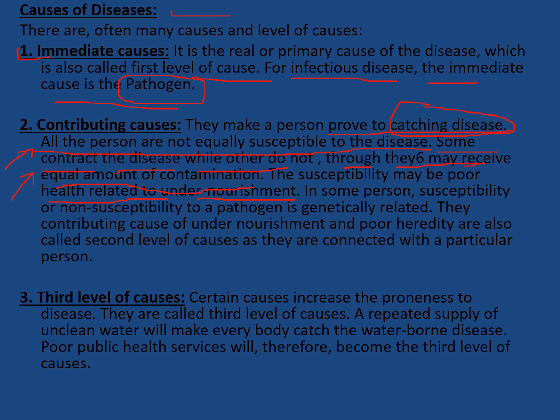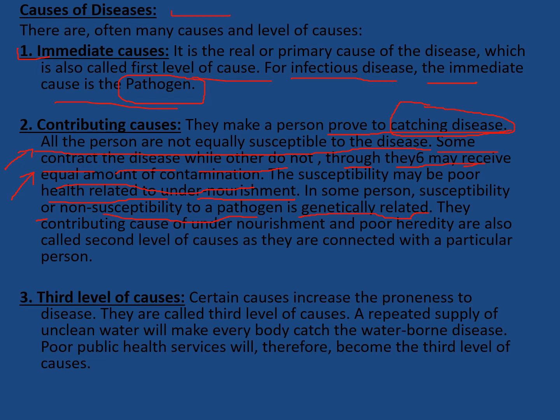In some persons, susceptibility or non-susceptibility to the pathogen is genetically related. In some persons, due to their genes, they can easily block or protect themselves from the disease.